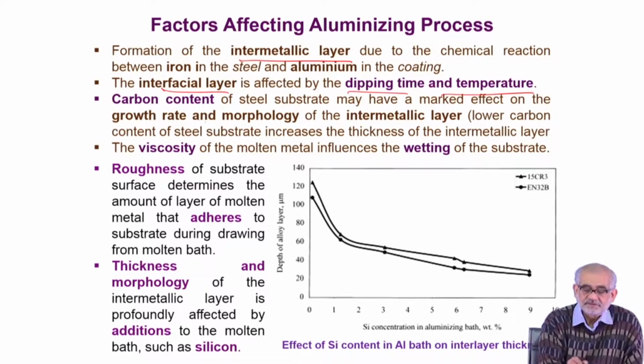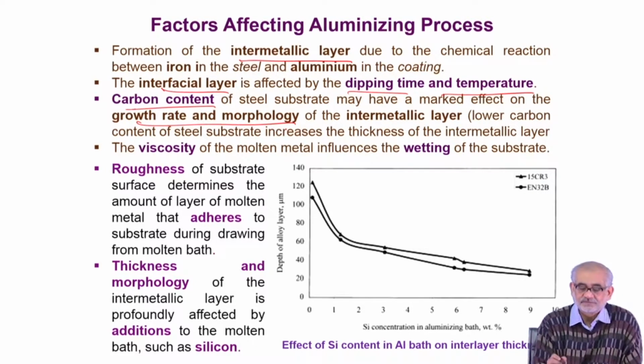Now if it's steel, then the carbon content is important, because if you have a fair amount of carbon, then it not only changes the growth rate and morphology, but also the composition of the intermetallic layer that you form. So for low carbon steel, you actually can have a higher thickness of the coating and the intermetallic layer.